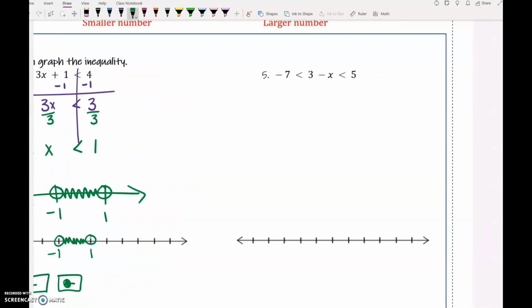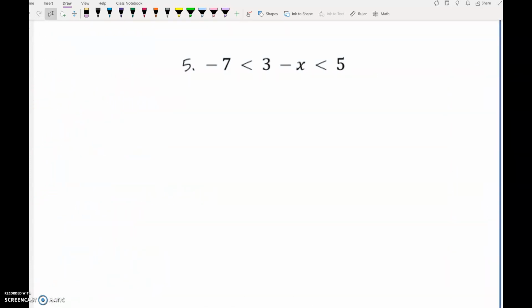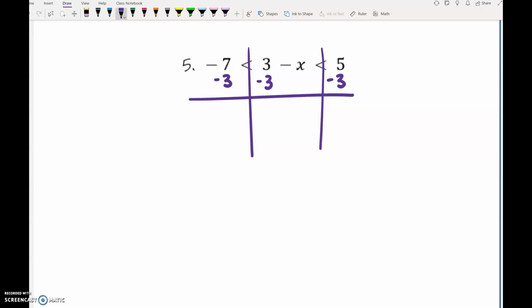All right, let's do number 5 together. What do we need to do first? Subtract 3. Some of you are looking ahead and you're like, I see what you're doing here. This is -10 is less than -x is less than 2.